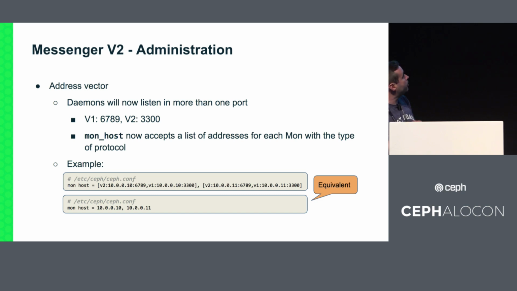There's a typo here. If you specify only the address, we will be listening for v2 on 3300 and v1 on 6789.